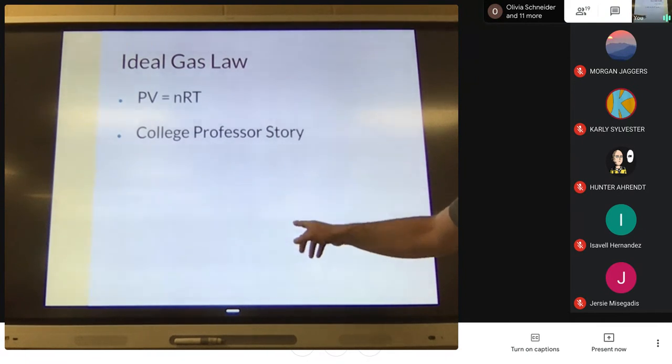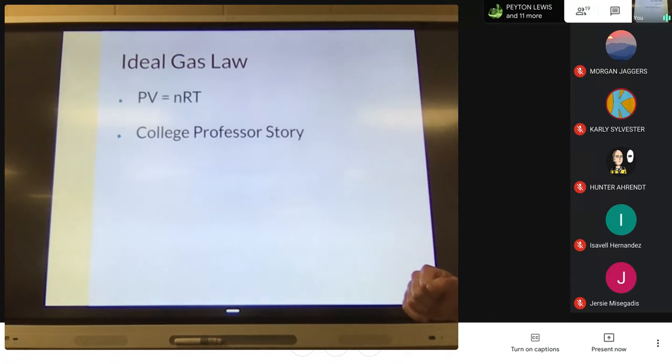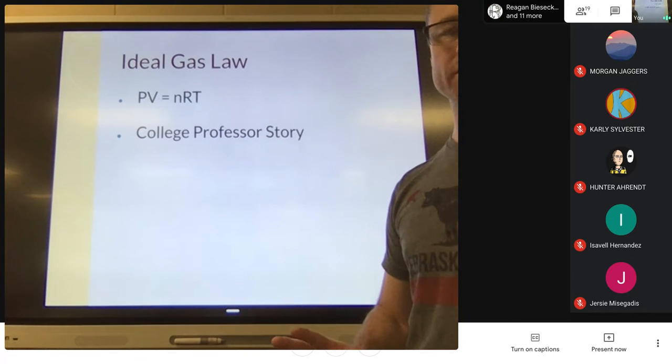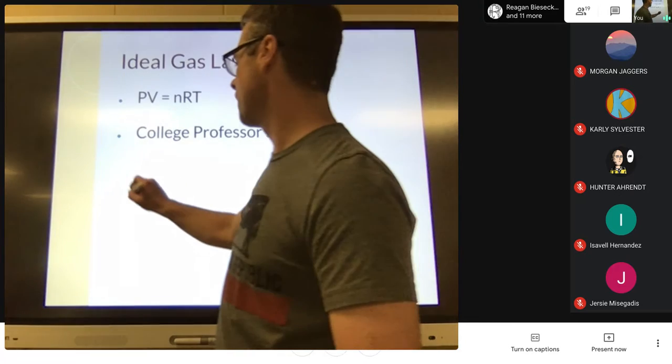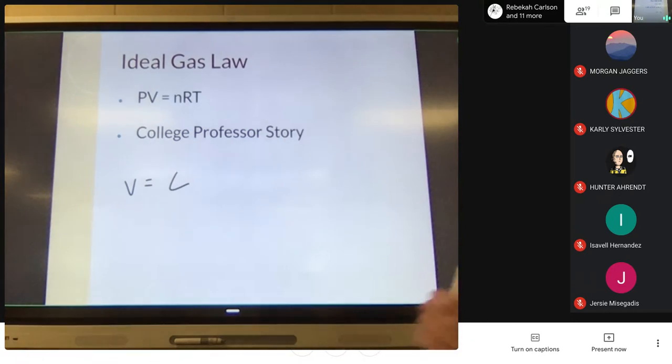Okay. So that's the ideal gas law. Now here's the big key. When using the ideal gas law, you have to pay attention to the labels. If volume is not in liters, you've got to deal with it. For example, if I give you a volume in milliliters, before you plug it into that equation, it's got to be in liters.